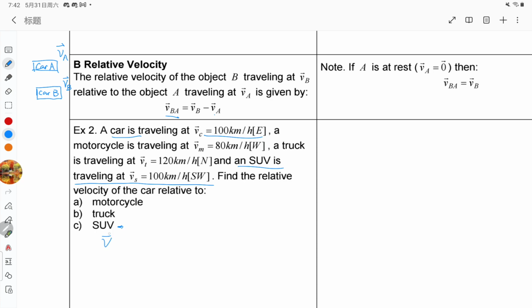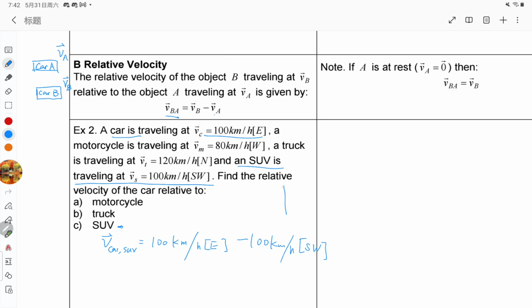So let's say the car and SUV is going to be 100 kilometers per hour east, right? The direction is different. And then minus 100 kilometers per hour southwest.